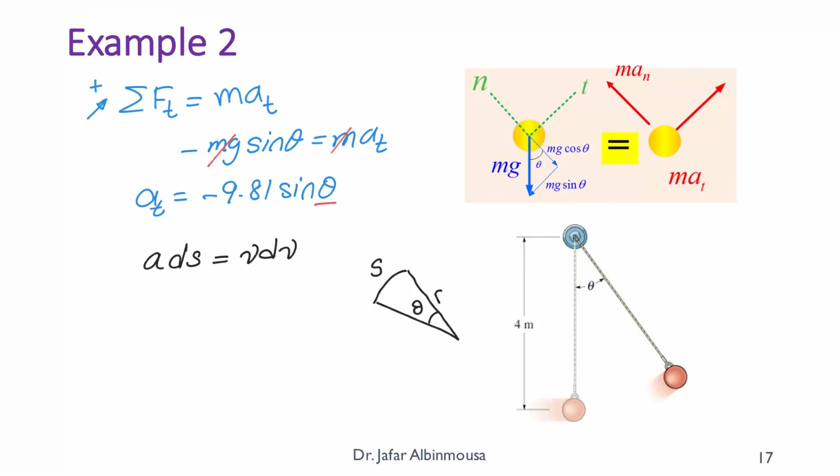So we write ds equal to the radius, which is 4, multiplied by the change in the angle, d theta. Now if we combine these two equations and set the acceleration as the tangential acceleration, we will get 4 at d theta equals v dv.